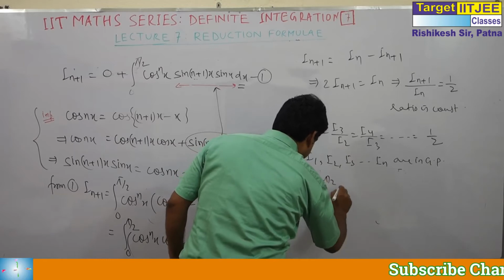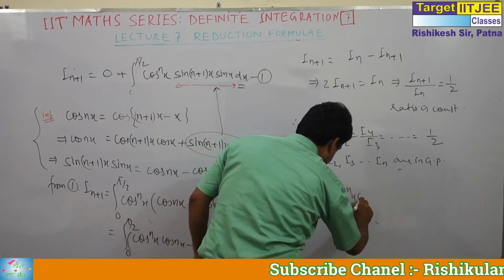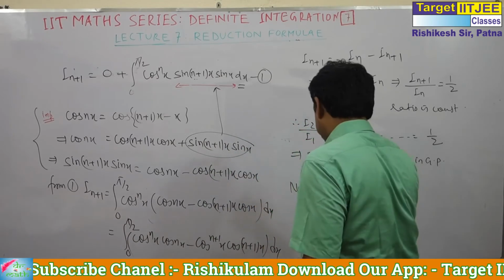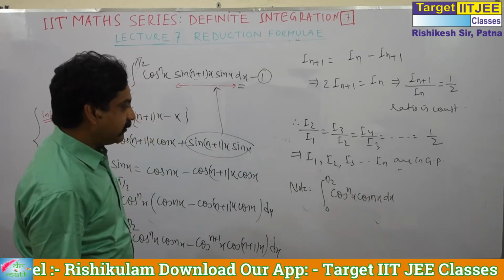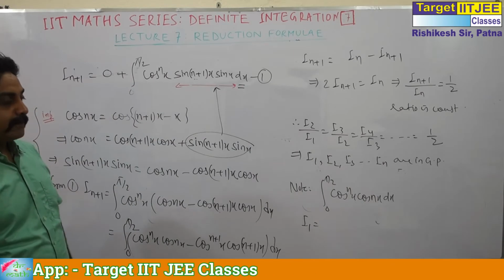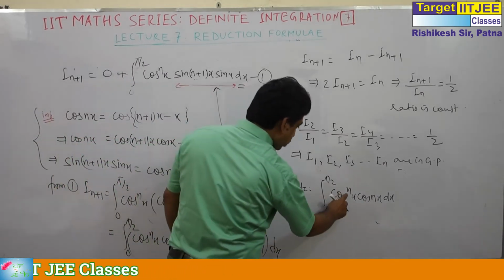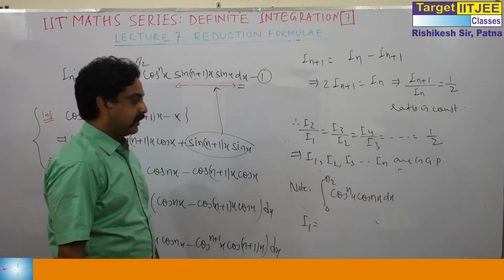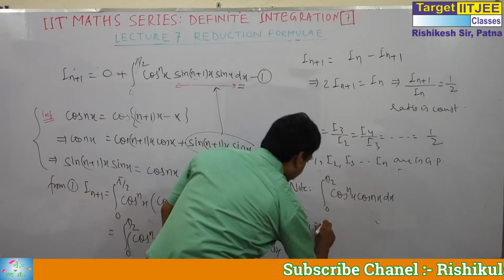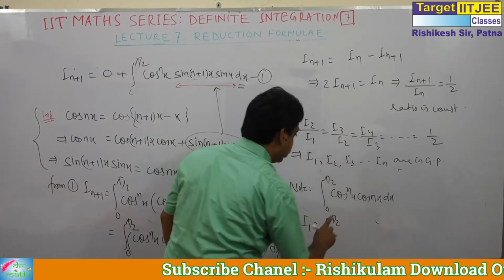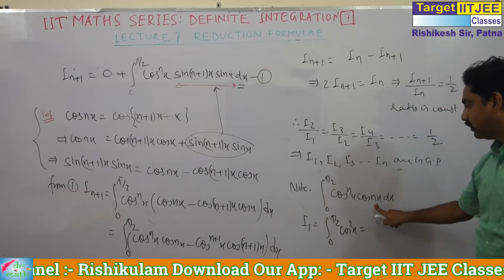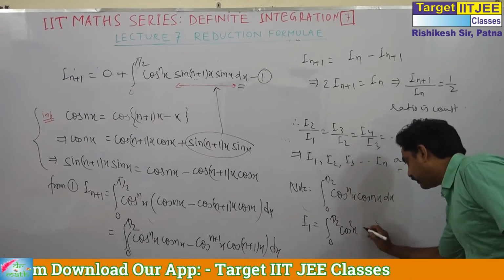One more thing you can know: 0 to pi by 2 cos to the power nx cos nx dx. What is I1 or I0? Suppose you have to find I0, you will put n as 0 here. So I0 is pi by 2. What is I1? I1 is 0 to pi by 2, this is cos square x, cos x into cos x with dx.